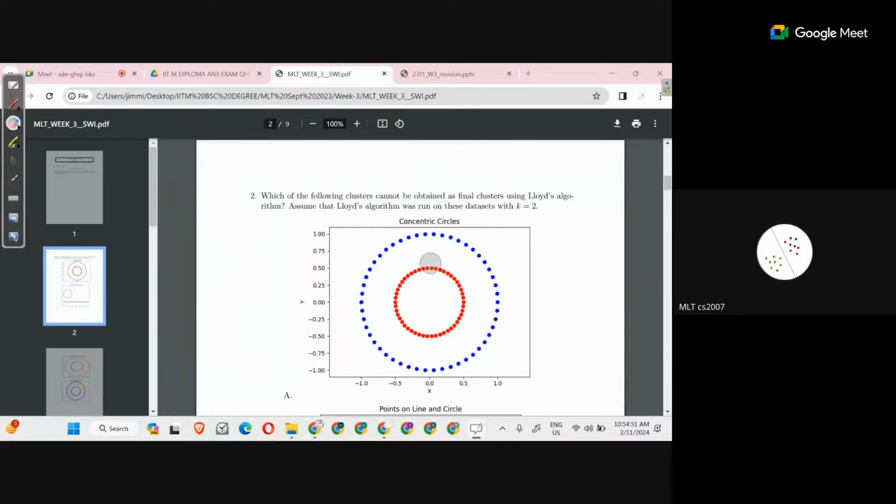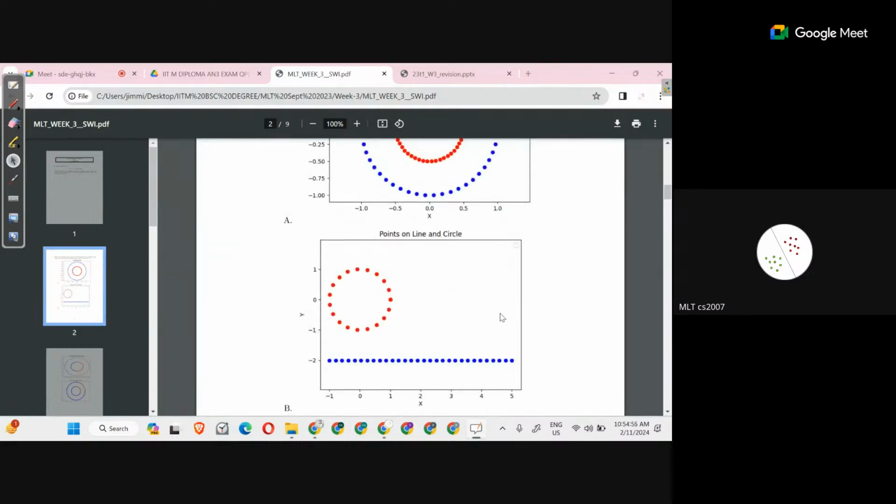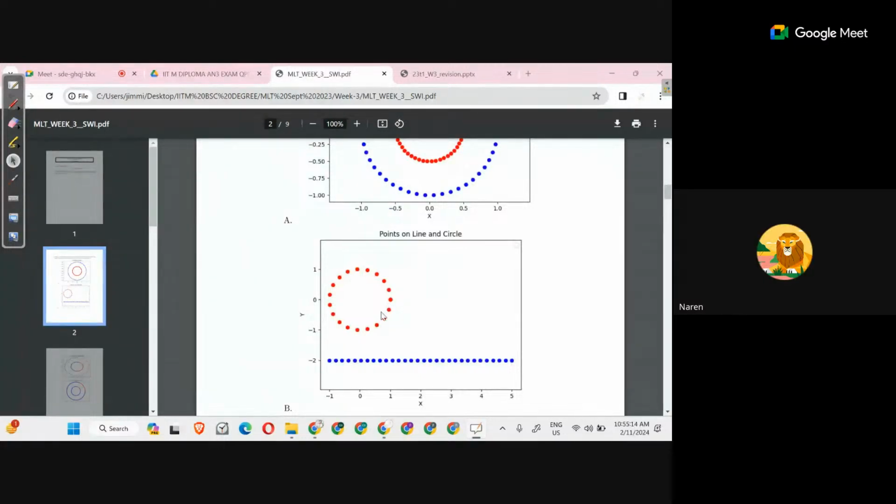Let's move to option B. So here, is it possible? Can someone say? Sir, what was the question? Which of the following cluster centers cannot be obtained as final cluster centers using Lloyd's algorithm? Here it is possible. Some points are nearer, no, sir?